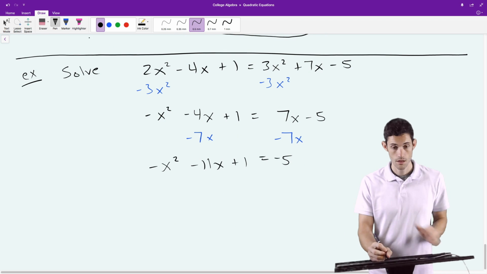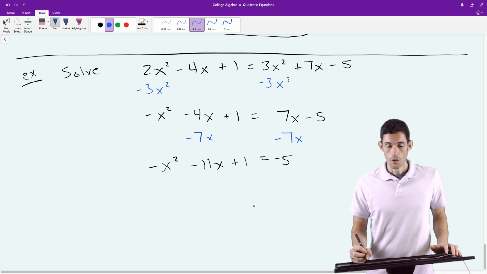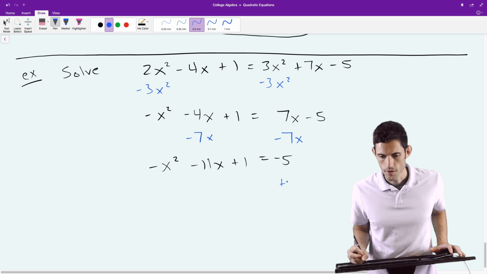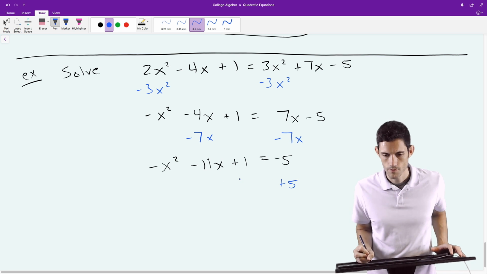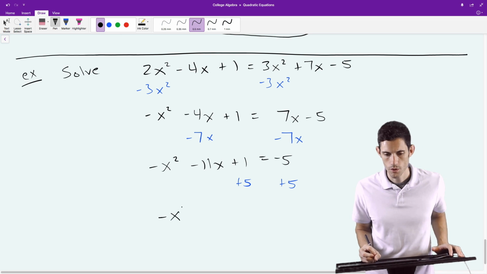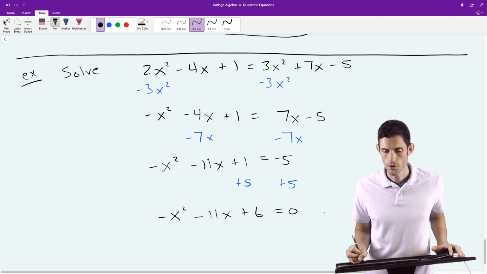And finally, I would like to move everything to the left, so I've got a negative 5, so I'm going to have to add 5. Got to do the same thing on both sides, of course. Negative x squared minus 11x plus 6 equals 0.